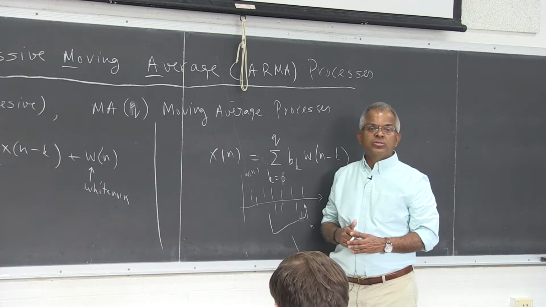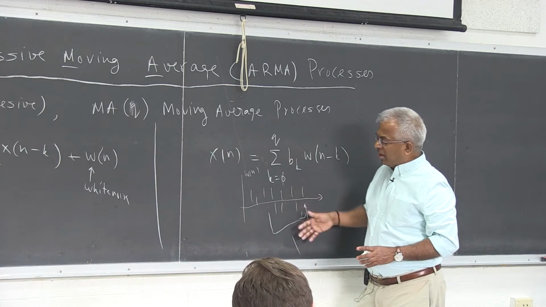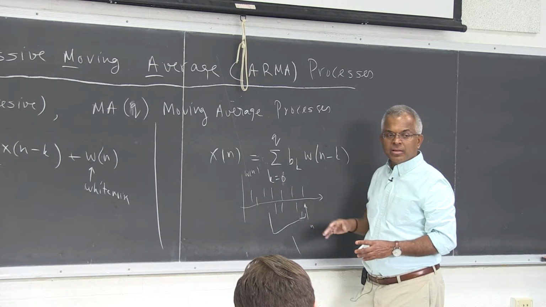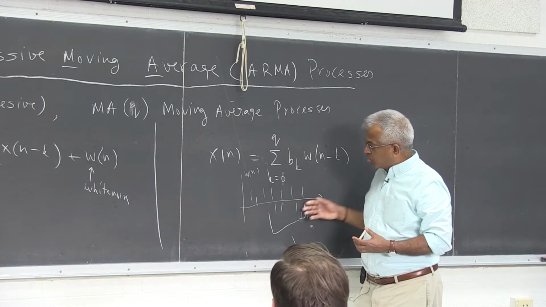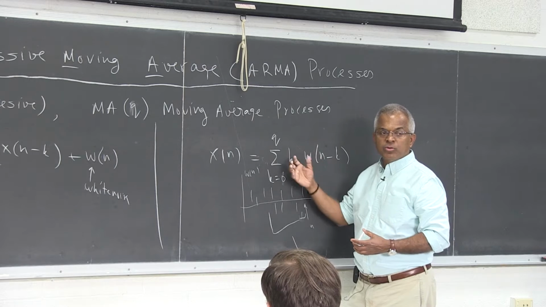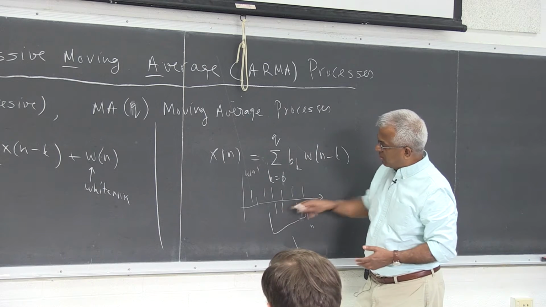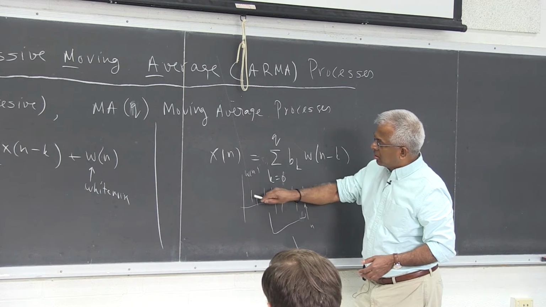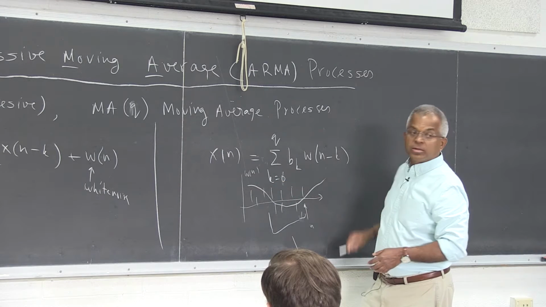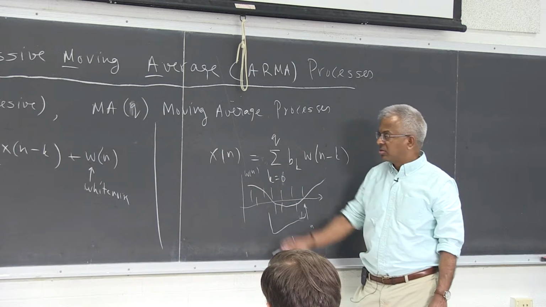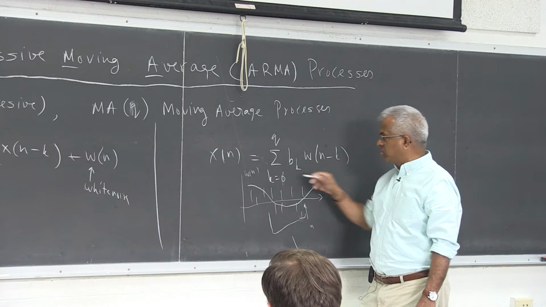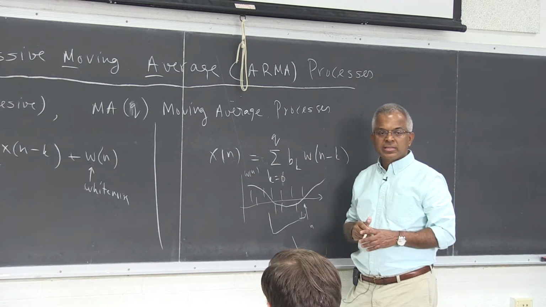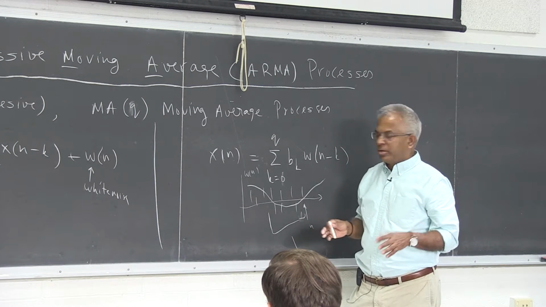In the stock market, you do this all the time, because the stock values may be too erratic depending on today's weather or somebody died or whatever. But if you smooth it, if you average it out, you may get a much smoother process. Remember, this is the smoothed version of w, whatever it is. w doesn't have to be white noise.